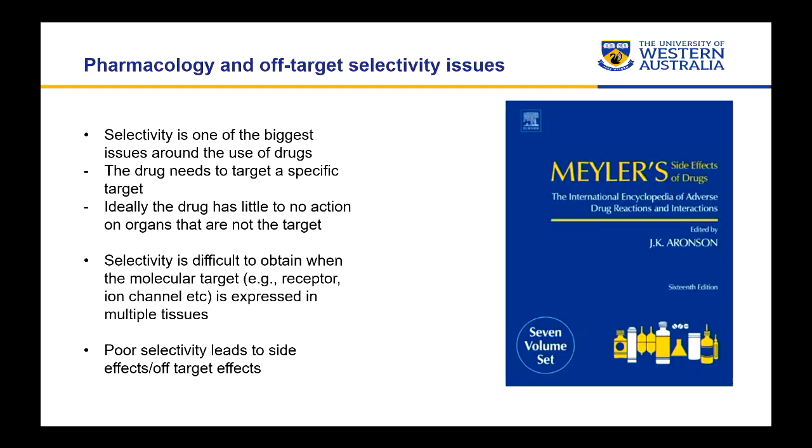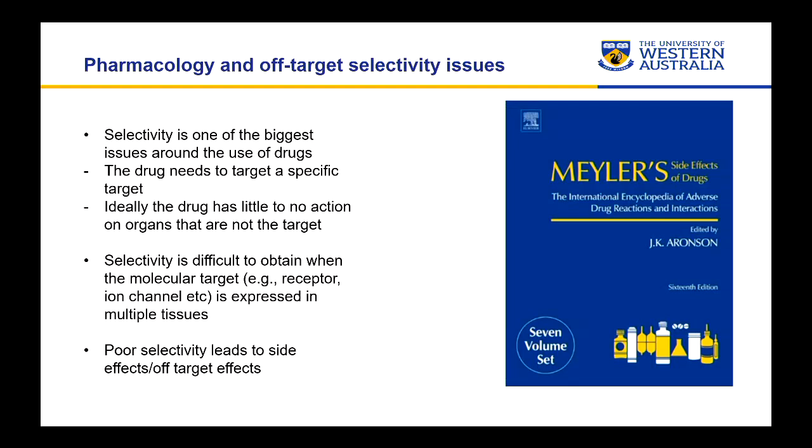So I'll start off with, why do we actually need photopharmacology? Why is just taking pharmacology and the medicines that we have available, why is that kind of limited? As you probably know, through your studies of pharmacology, selectivity is probably one of the biggest issues facing pharmacology. Because when we give drugs or compounds, we need those drugs to be specific, right?